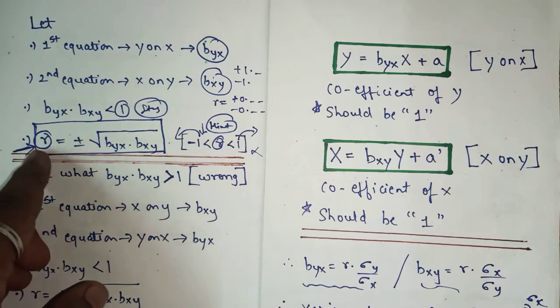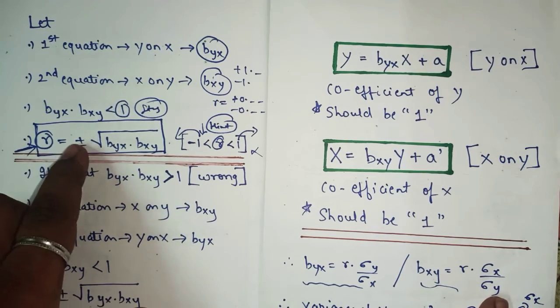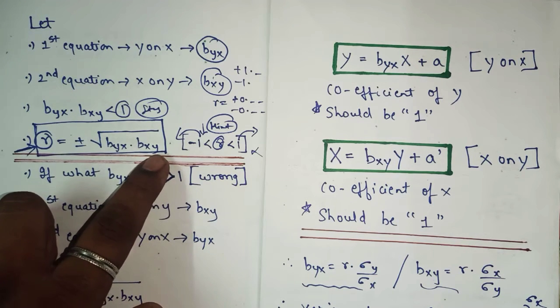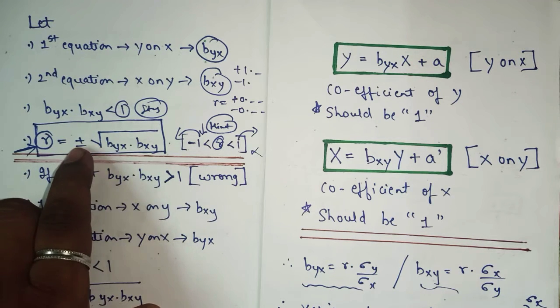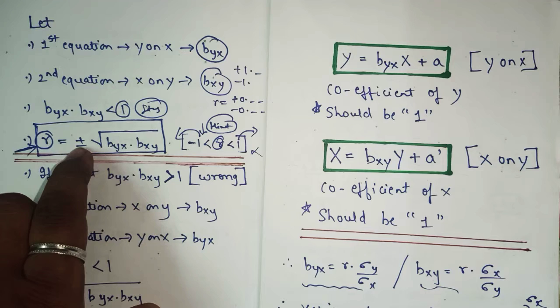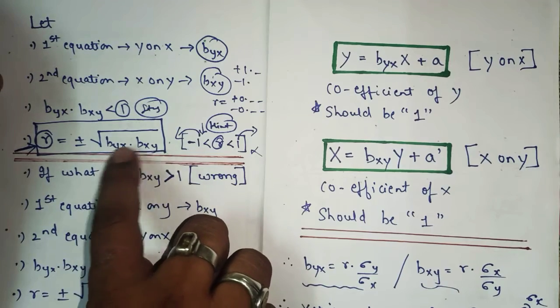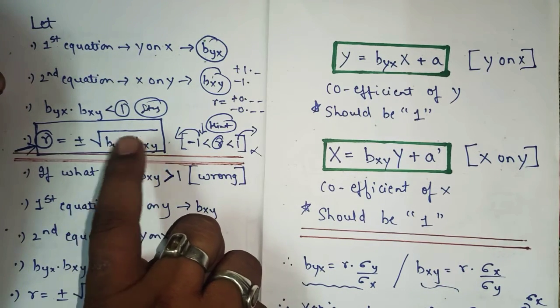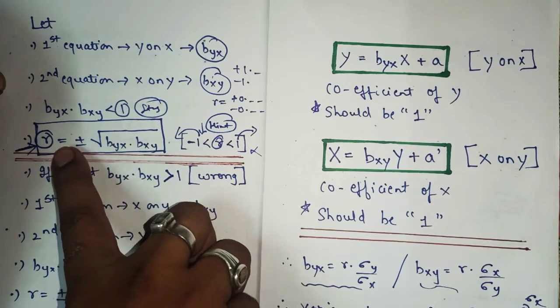After that only we can find the value of r, that is plus minus square root of byx into bxy. And we know that the answer of r, either it will be plus or it will be minus. It cannot be both. If byx and bxy both are positive, then r is positive. If byx and bxy are negative, then r is negative.